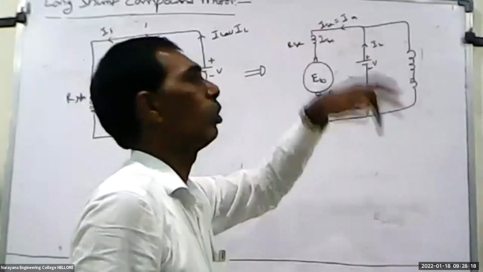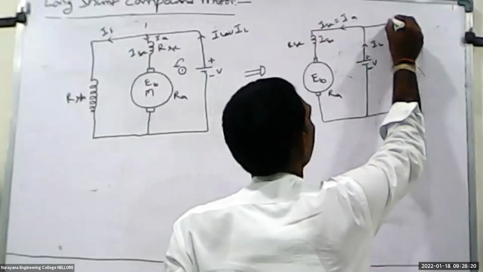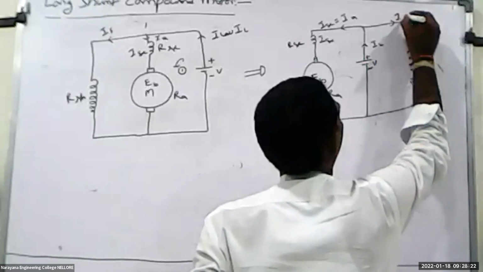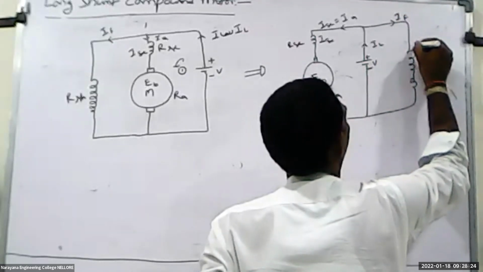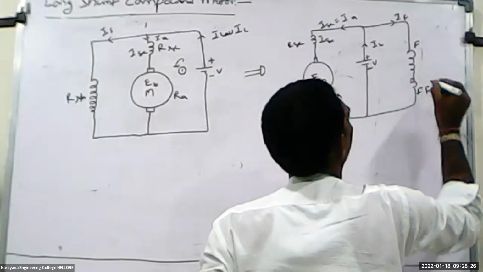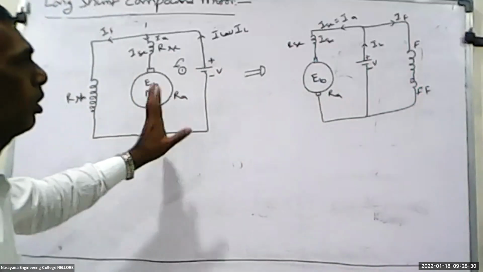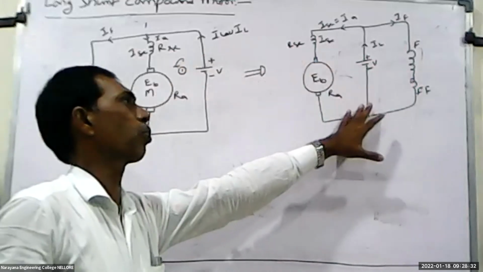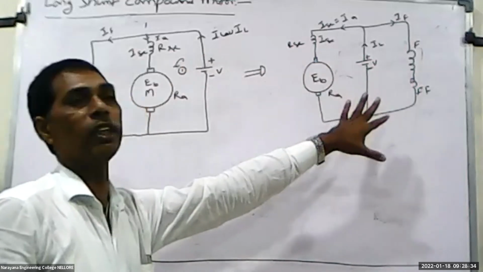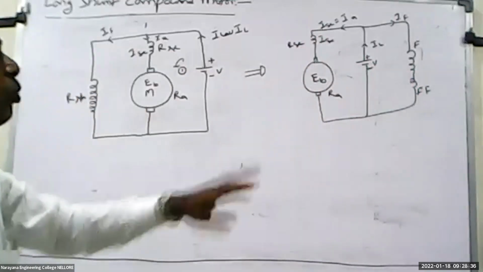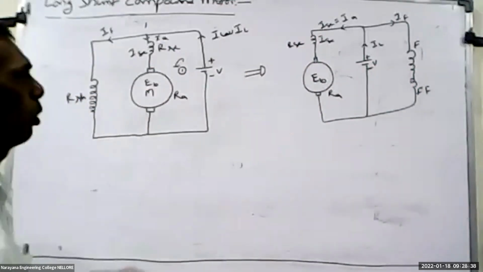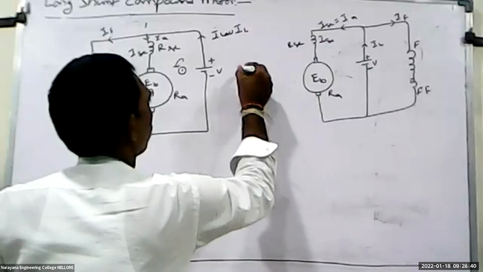So IA is equal to ISC, and the current passing through the field winding is represented as IF. So this is a compound motor. I just have to modify the compound motor like this for convenience of equations. We have to modify this one or that one, both are same.